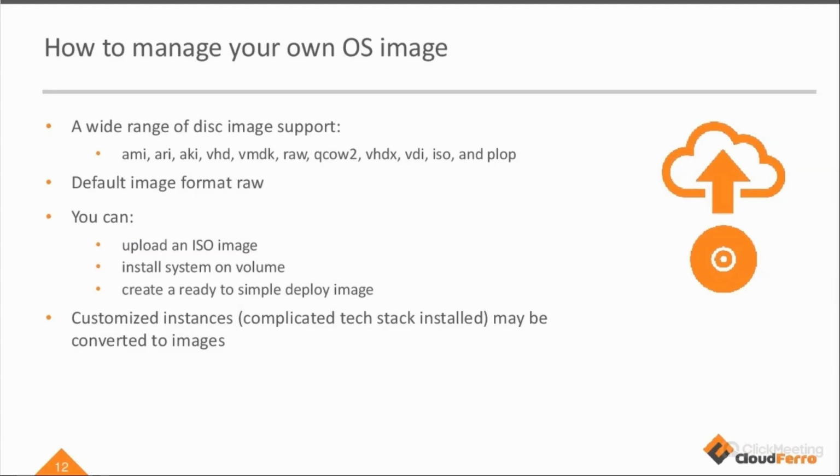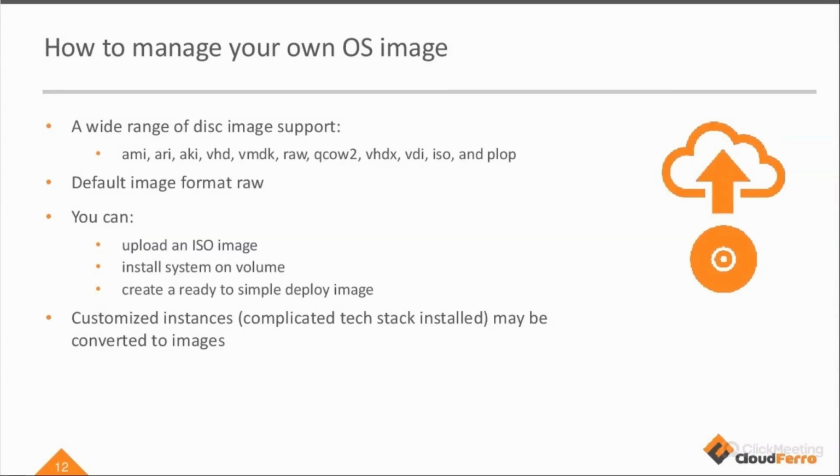But there may be a case where this amount of images would be insufficient for you, and you want to, for example, use some other operating system like Arch Linux. That is not on the list. You still have the possibility to do this.